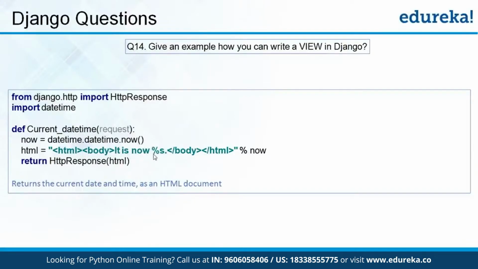It will contain, it is now, say, somewhere around 11:10. It will give you an output saying it is now 11:10 a.m. or whatever it may be, because it pulls the information from datetime.datetime.now, puts it in the HTML, replaces the %s with that information and returns you the HTML response.